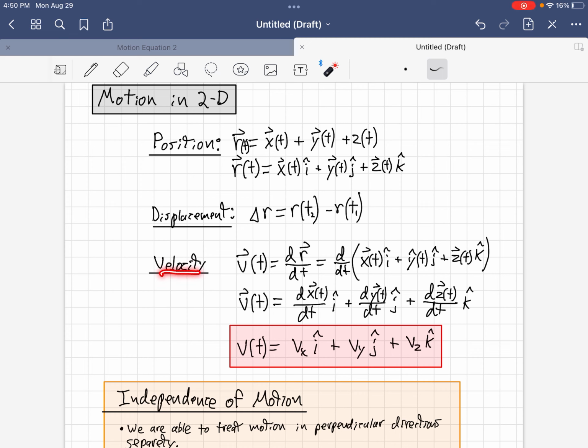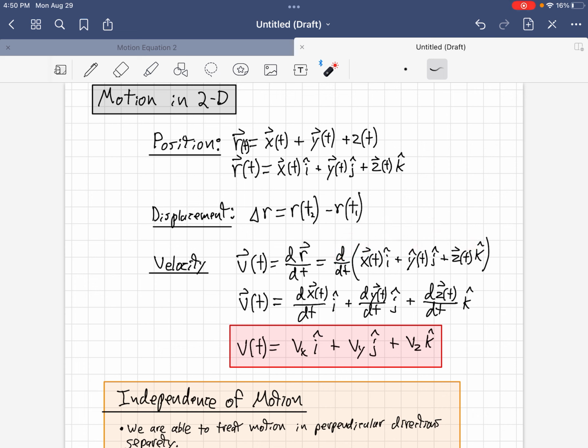And as we know, velocity is going to be the derivative of your position with respect to time. So if you think about that, it's going to be a derivative, d/dt, of the full expansion of your position. And how does that work? It basically just distributes in.